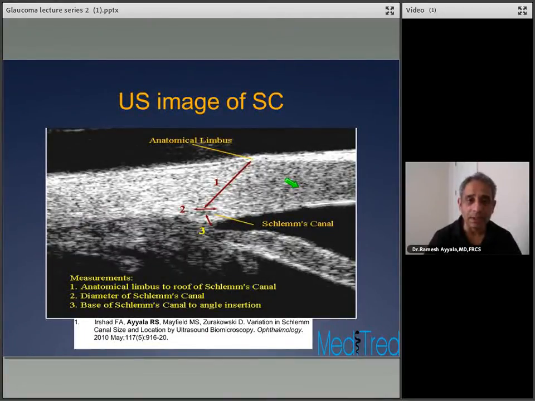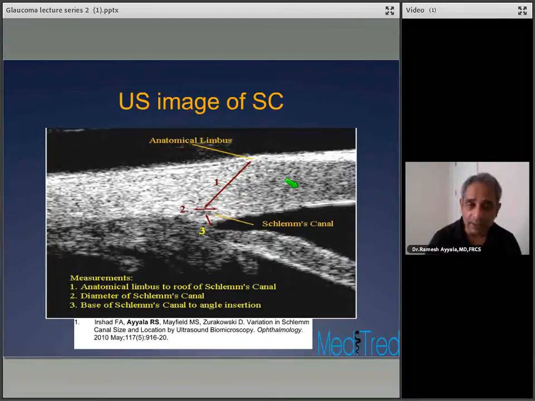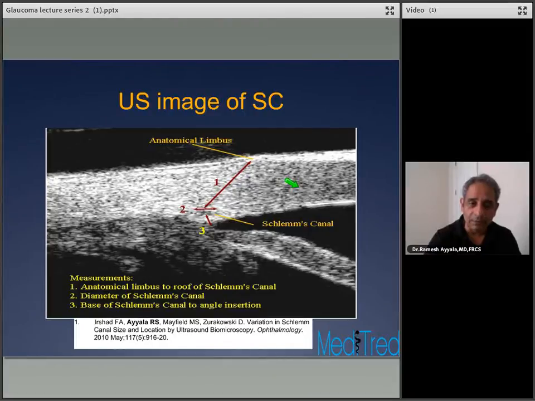This is a slide taken from my own work where we tried to isolate the Schlemm canal in living human beings. We took volunteers, mostly without glaucoma and some with glaucoma, and using high-frequency ultrasound, 18 megahertz ultrasound, we were able to locate the Schlemm canal.